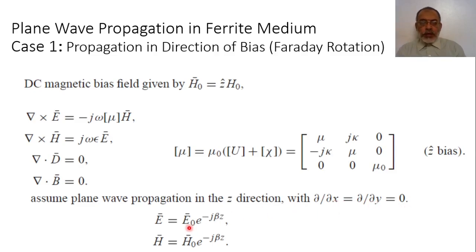So we have only the derivative with respect to z, and the derivative with respect to z will correspond to multiplication by minus j beta. Okay? So we are going to simplify these curl relations to find out the x component, y component and z component for both the electric field and magnetic field.